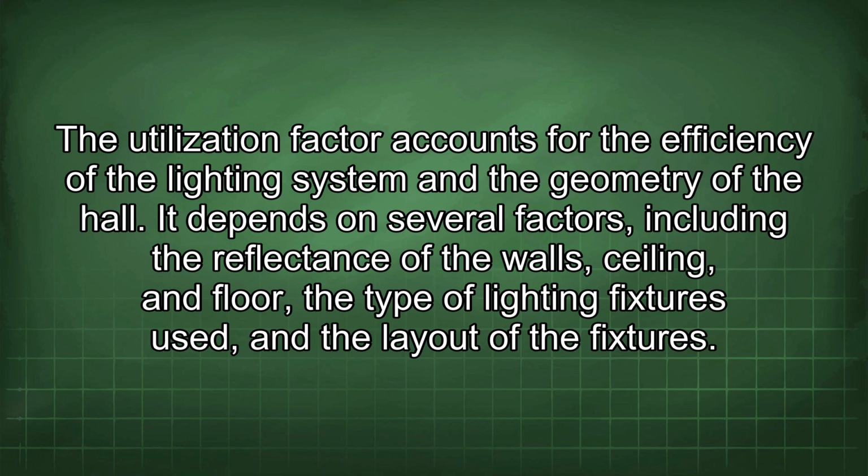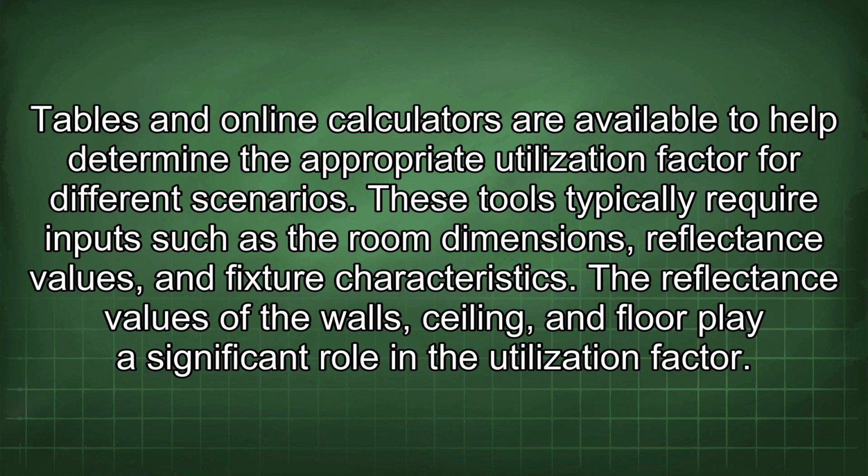It depends on several factors, including the reflectance of the walls, ceiling, and floor, the type of lighting fixtures used, and the layout of the fixtures. Tables and online calculators are available to help determine the appropriate utilization factor for different scenarios. These tools typically require input such as the room dimensions, reflectance values, and fixture characteristics. The reflectance values of the walls, ceiling, and floor play a significant role in the utilization factor.